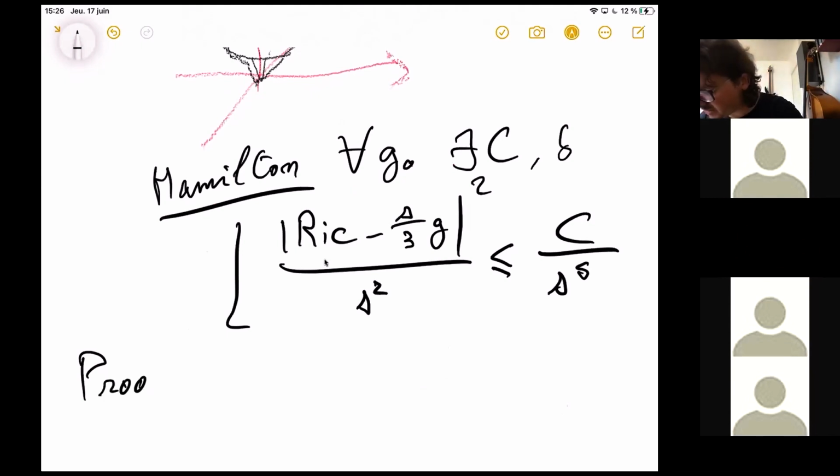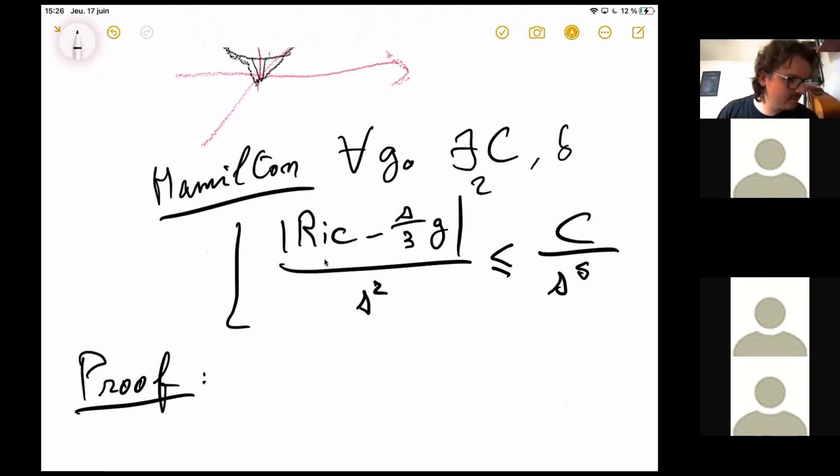Now we have all the ingredients to prove the theorem, except one, which I will be very brief about. So instead of looking at convergence of the Ricci flow, we will do something that Felix talked about.